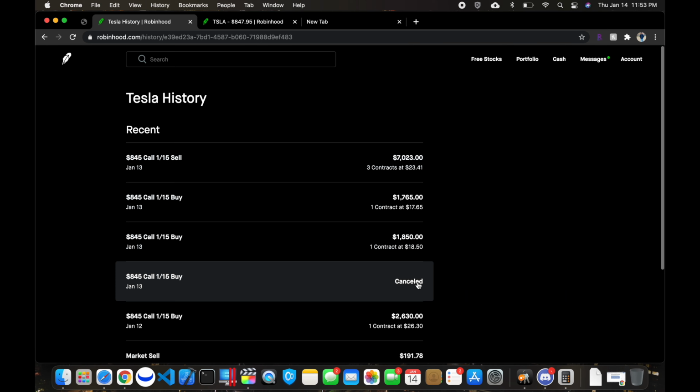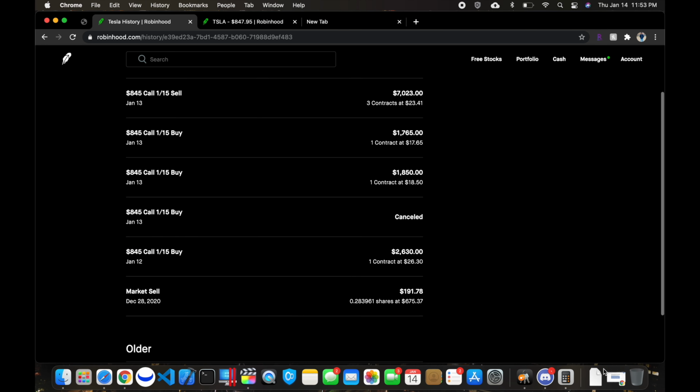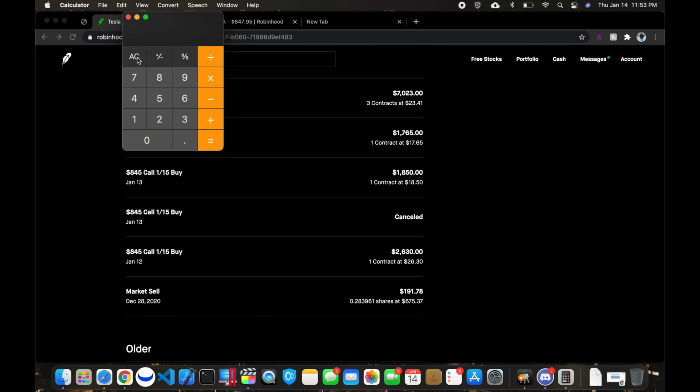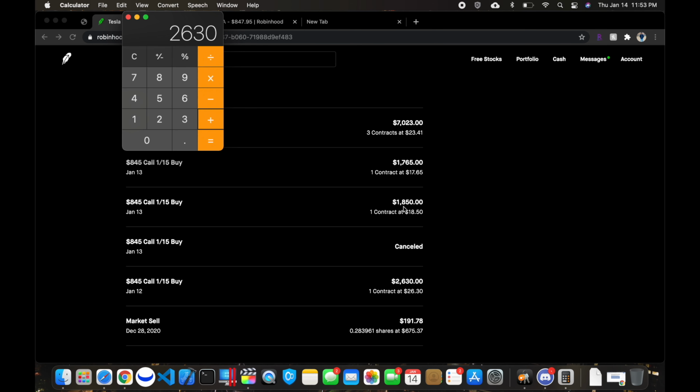So let's go to the all options here. So the first call that I bought here was $2,630. So let's add 2,630, and then we'll add the second call that I bought that cost me $1,850. Then the next call that I bought was for $1,765.